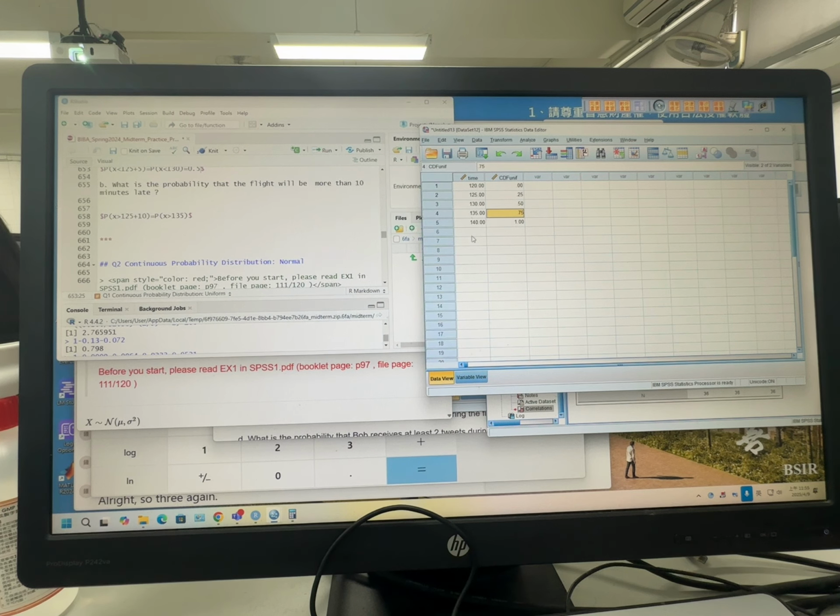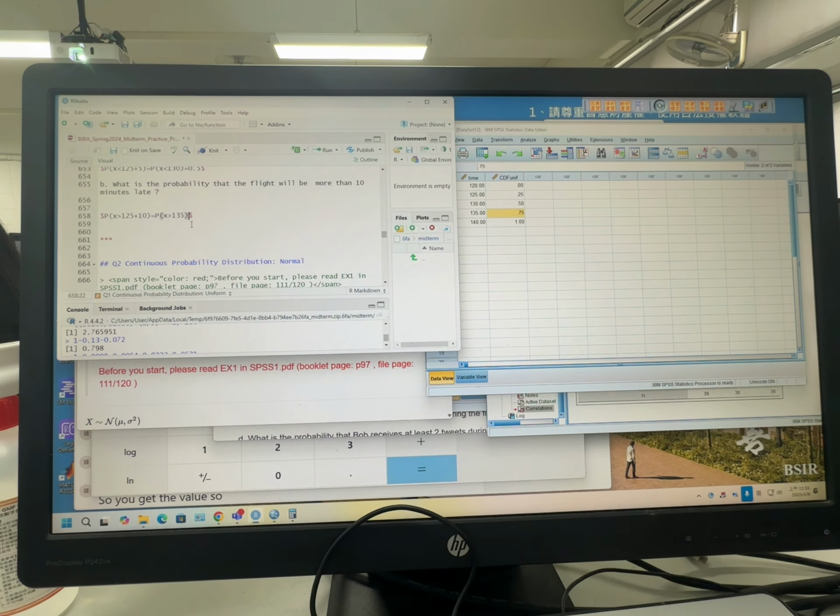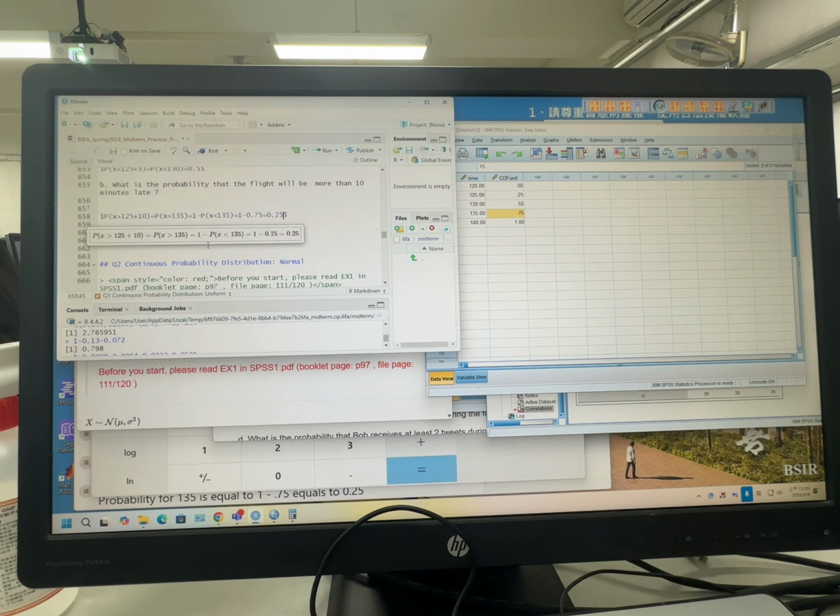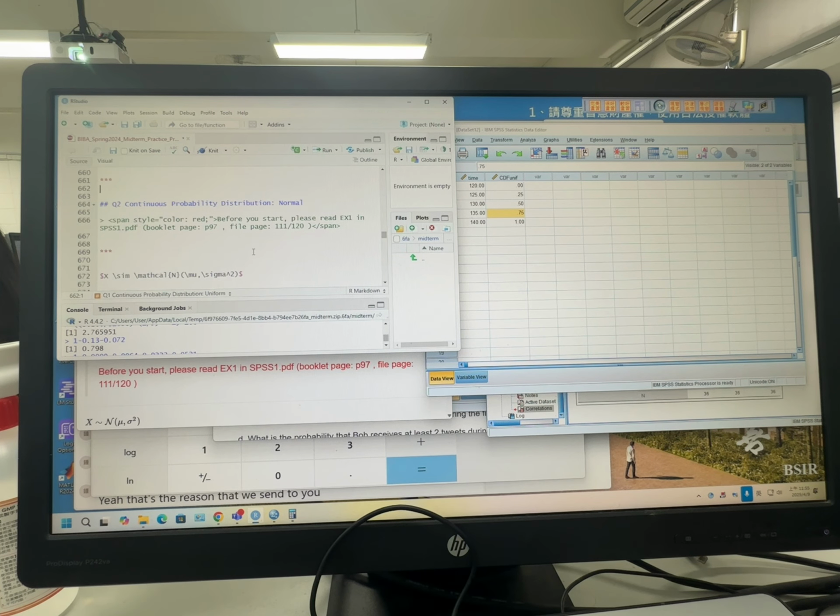You get the value. So greater than 135 equals 1 minus the probability of smaller than 135, which is 1 minus 0.75 equals 0.25. Does this make sense to you?